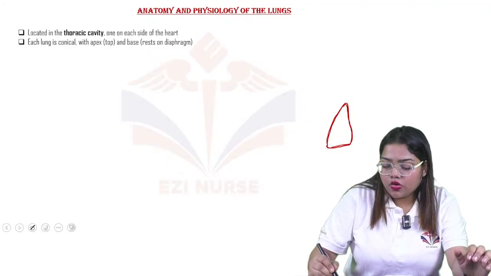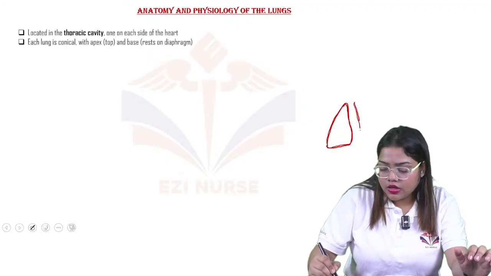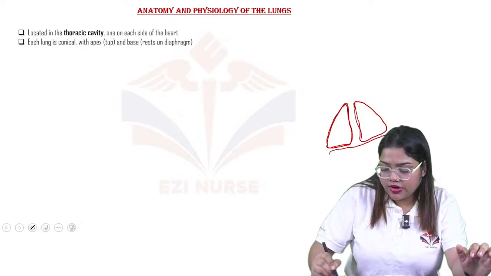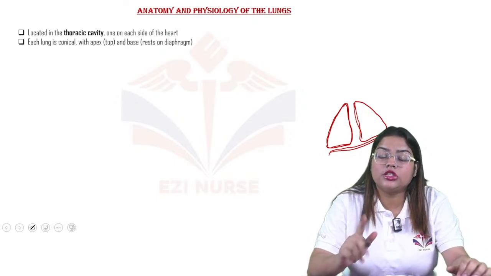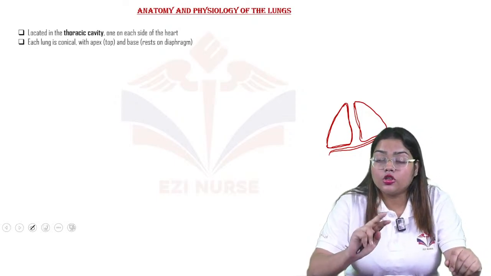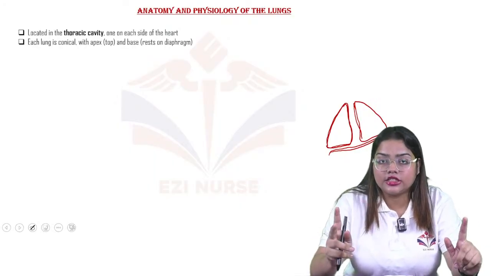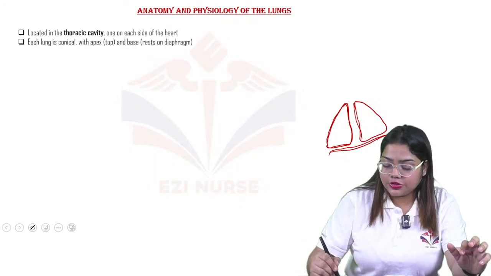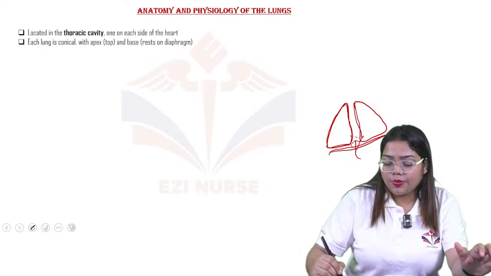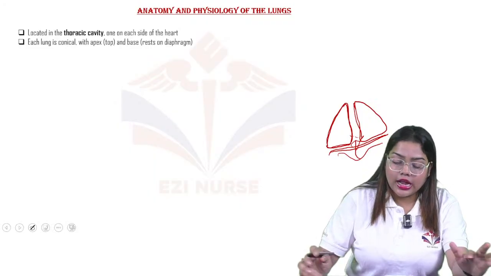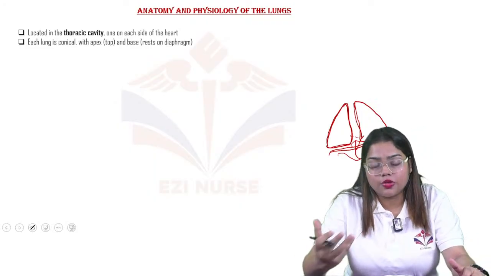Down below the lungs we have the diaphragm. The diaphragm is the most important muscle which helps in the blood circulation of the heart, and it also regulates the inhalation and exhalation process, because the diaphragm pushes up and pushes down so that inhalation and exhalation can proceed.